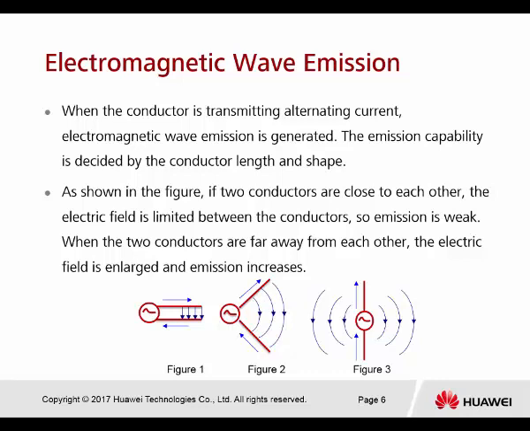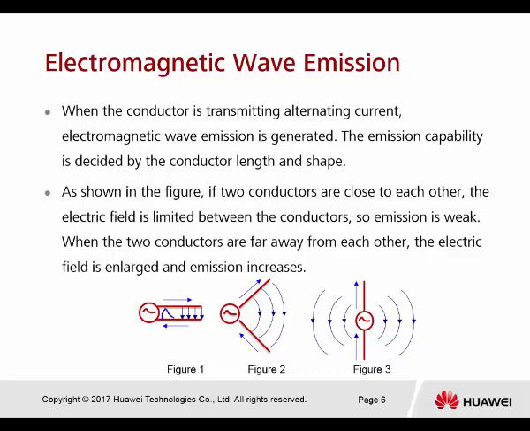This one is based on the conductor. When the conductor is transmitting alternating current, electromagnetic wave emission is generated. The emission capability is decided by the conductor length and shape. Here are three different figures. In figure number one, the conductors are very close to each other, so the electromagnetic wave can only focus on this area.